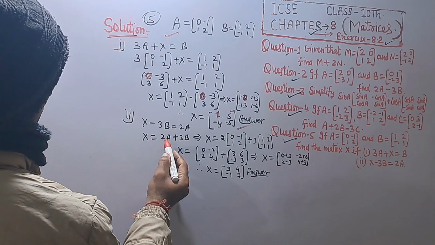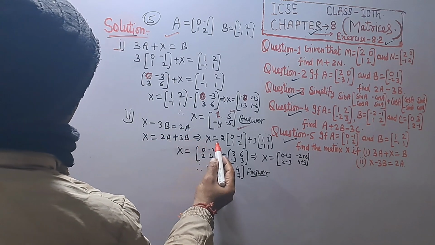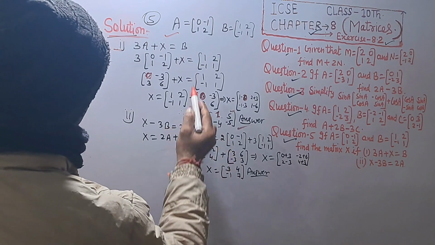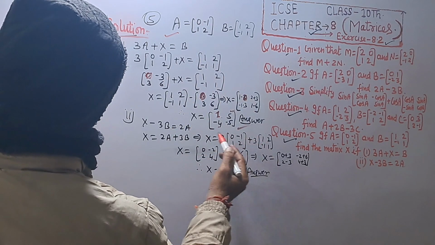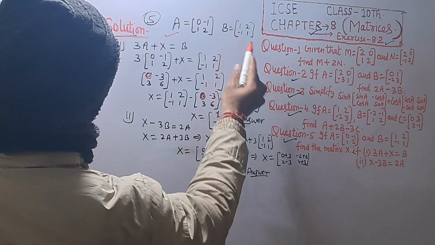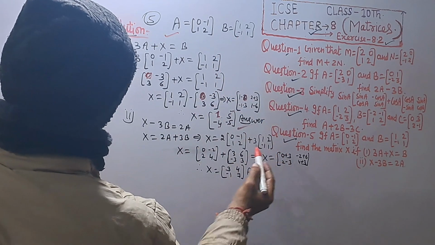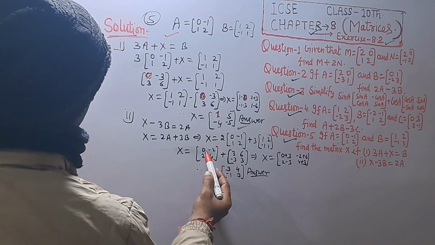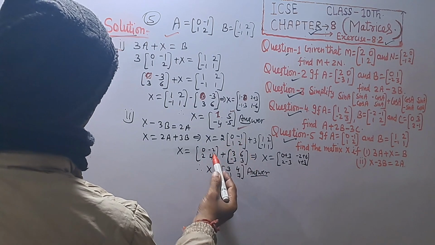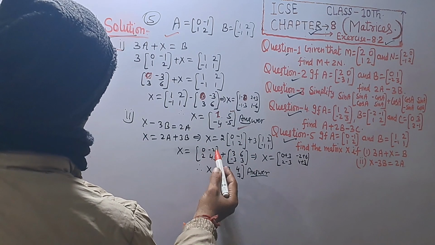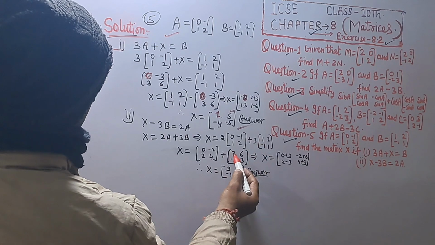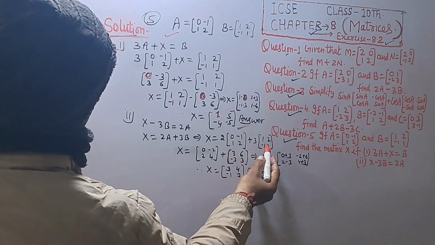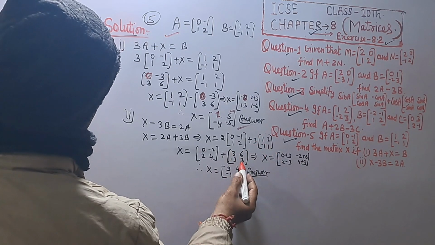X is equal to 2A + 3B, which implies X equal to 2 into A, which is [0, -1; 1, 2], plus 3 times B, which is [1, 2; -1, 1]. 2 multiplied by 0 is 0. 2 multiplied by -1 is equal to -2. 2 1s are 2, 2 2s are 4, and 3 1s are 3, 3 2s are 6, 3 1s are -3, 3 1s are 3.